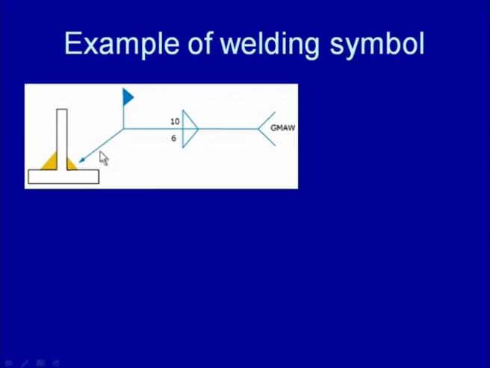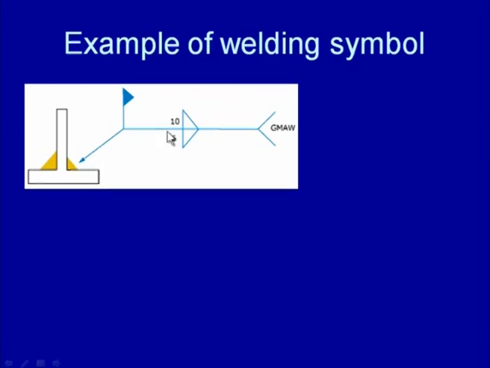So, if we see here, the weld symbol below the reference line shows the weld size of 6, indicating the smaller weld, while the weld symbol above the reference line indicates the weld size of 10, which is to be made on the other side of the arrow.